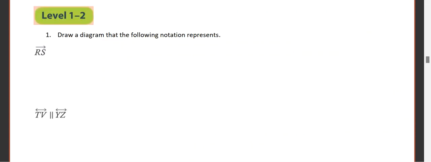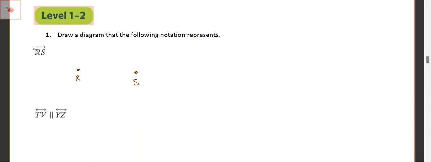Okay, so we've got to draw a diagram that the following notation represents. What does the R and the S represent, by the way? Caleb? The point. Therefore, you must have a point representing R and another point representing S. Those points must be there.